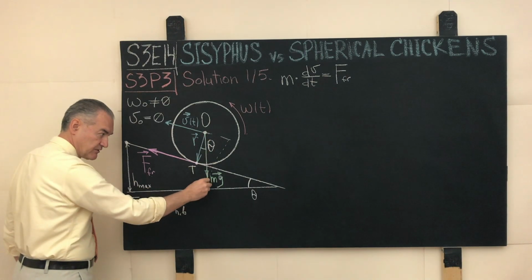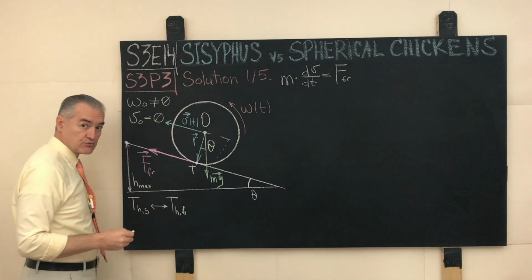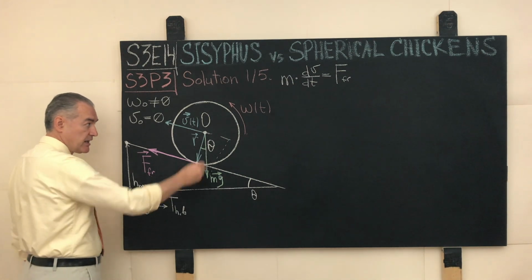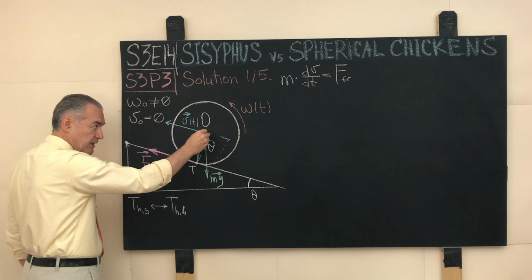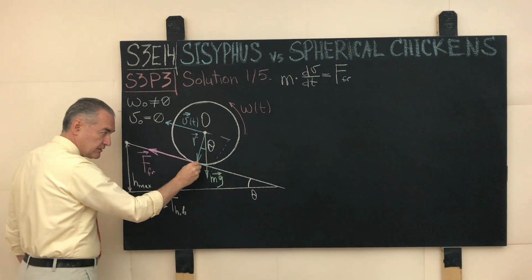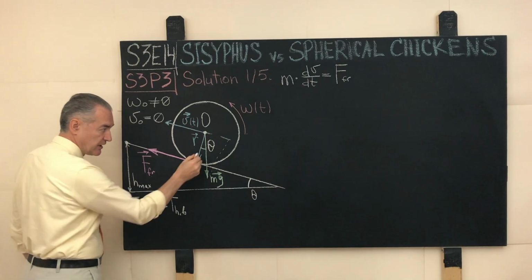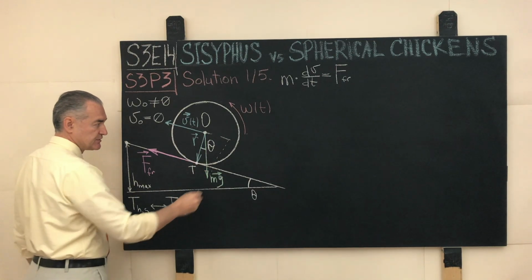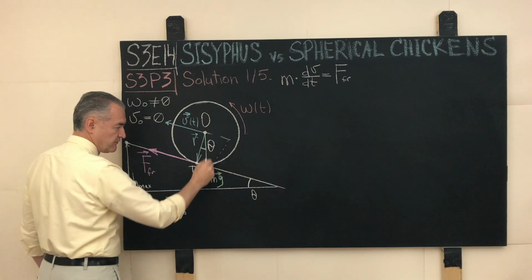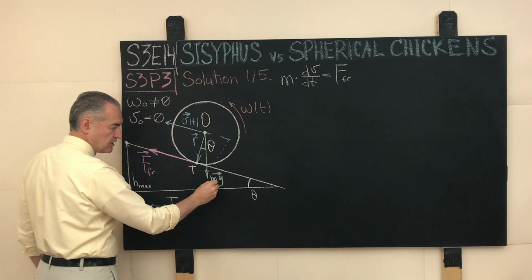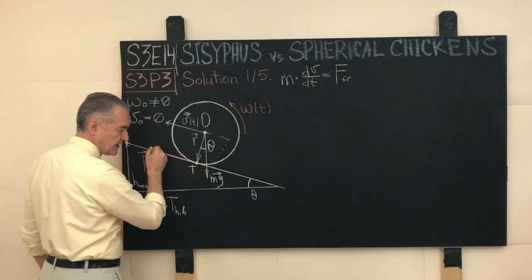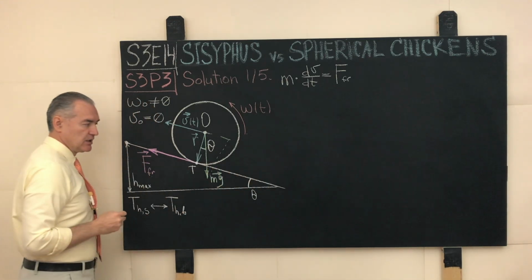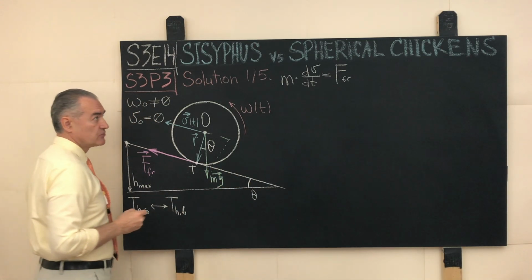Between the vector that models the force due to gravity mg and the straight line that passes through the center of our spherical chicken and the point of contact. That will be the smaller angle theta, which means for the projection of the vector of the force due to gravity onto the axis that runs parallel to the inclined plane, we will have what?